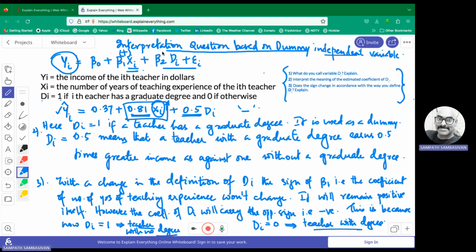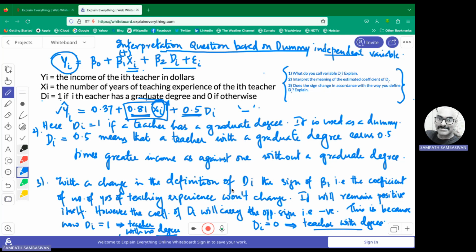Similarly, if the teacher is having a graduate degree, obviously the salary is supposed to increase, isn't it? In the initial condition that we considered, we are considering teacher with graduate degree as D equal to 1. Whereas here now, we are considering D equal to 1 as teacher with no graduate degree.